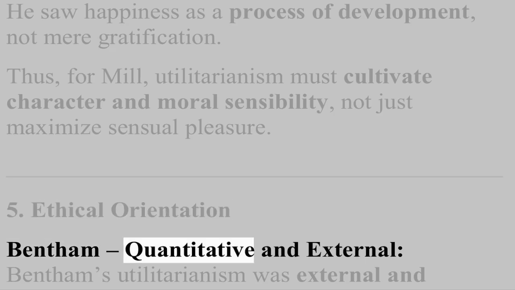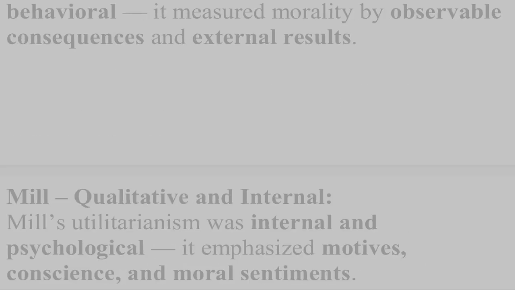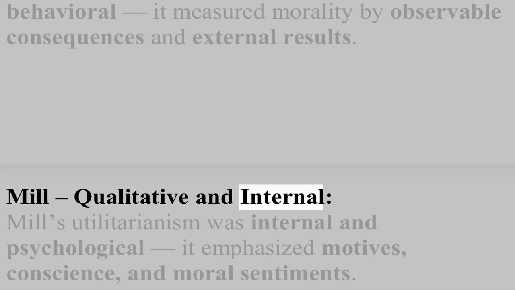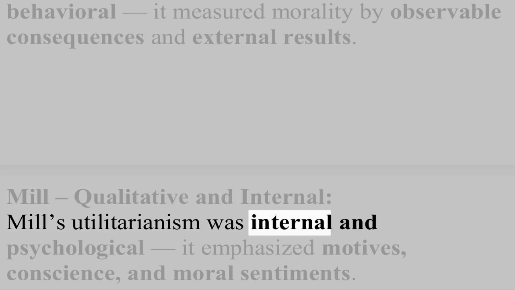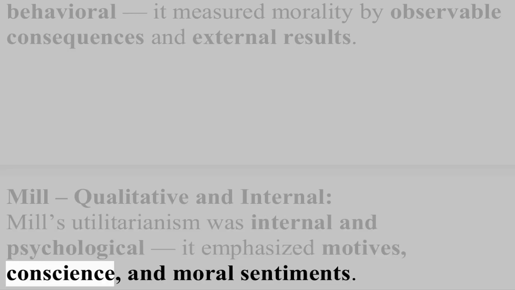Bentham, quantitative and external. Bentham's utilitarianism was external and behavioral. It measured morality by observable consequences and external results. Mill, qualitative and internal. Mill's utilitarianism was internal and psychological. It emphasized motives, conscience, and moral sentiments.